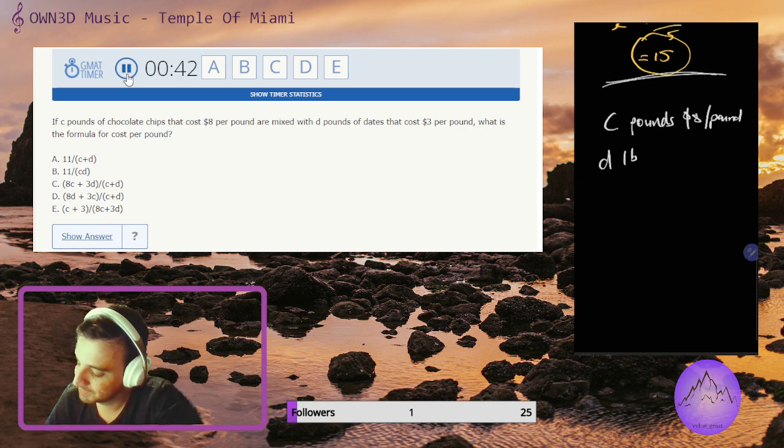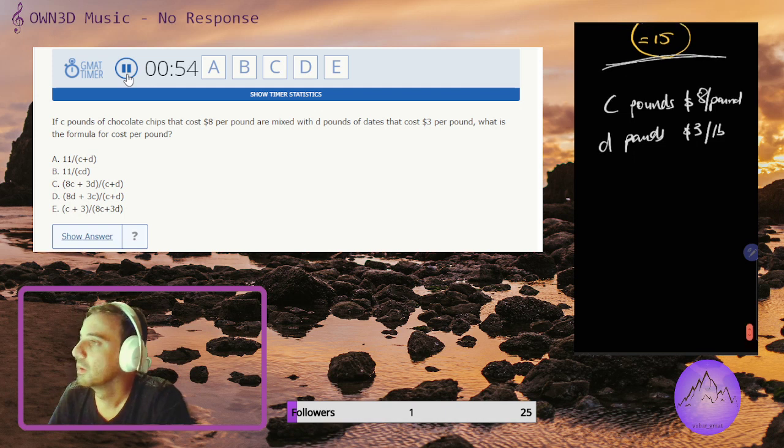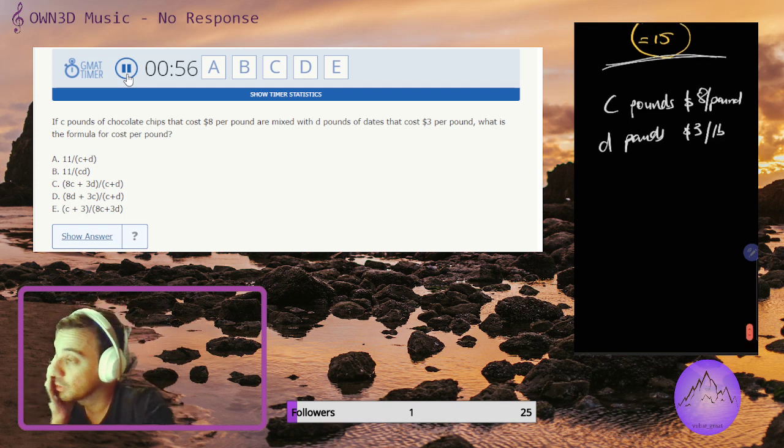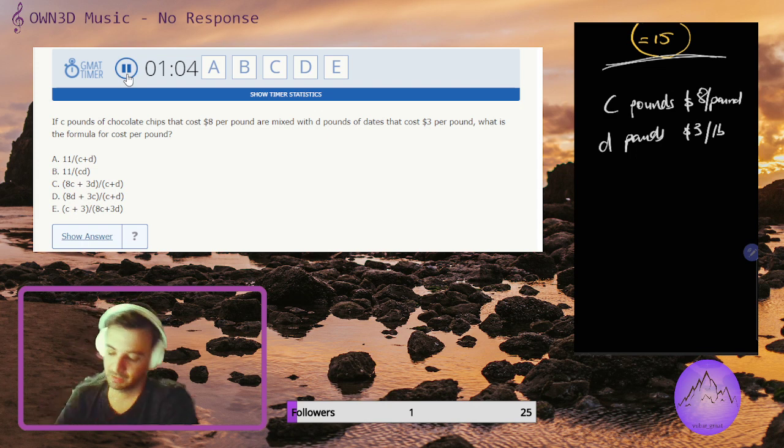I think it's going to be too many letters. What's the formula for cost per pound? This is not really a ratio question, is it? Doesn't look like it to me. Okay, let's see.